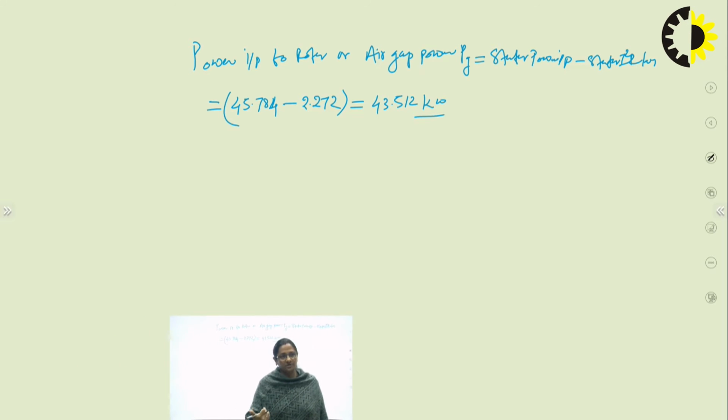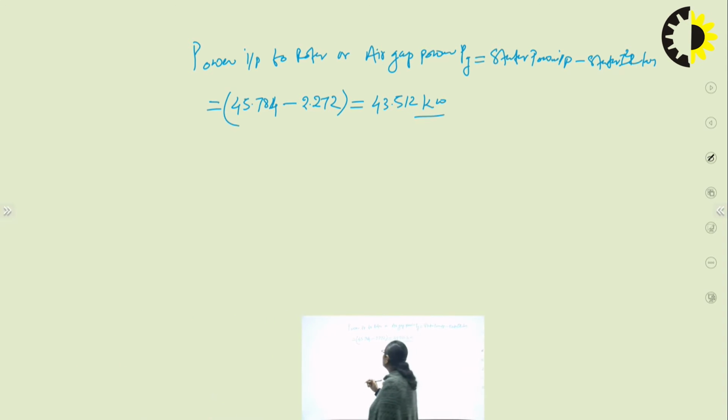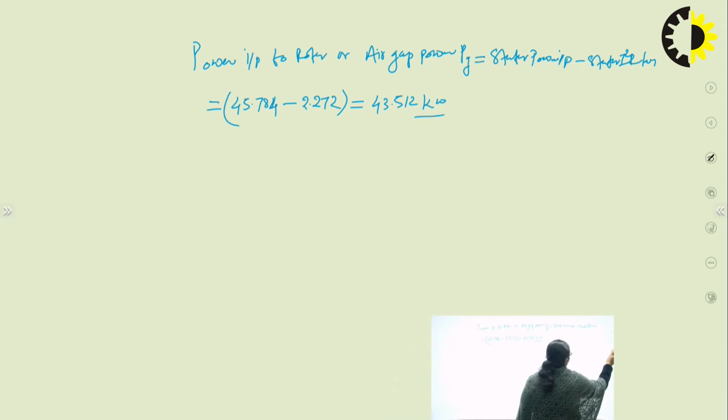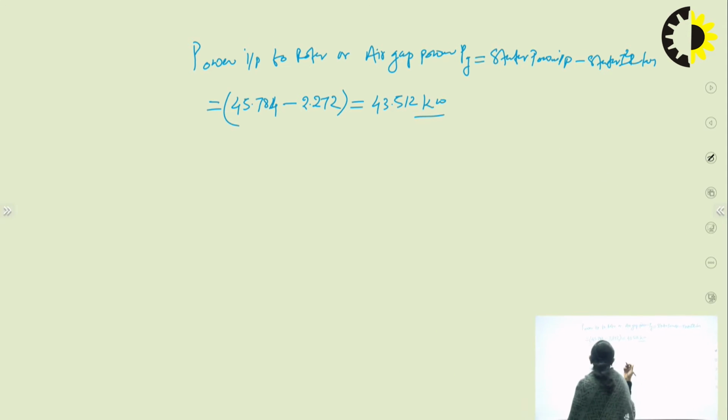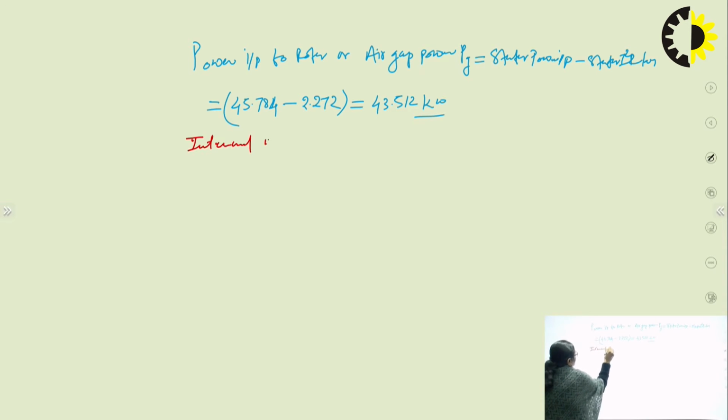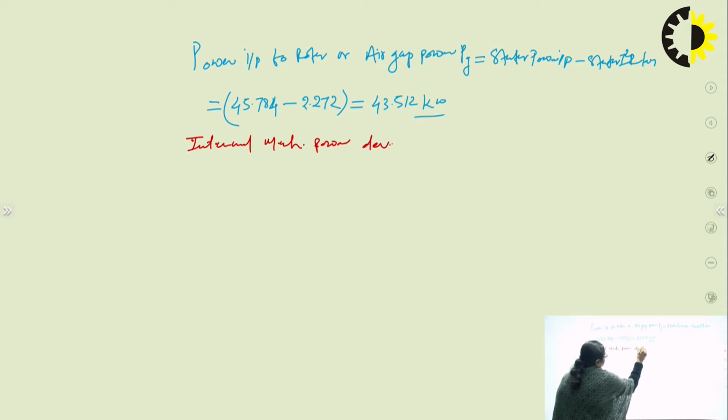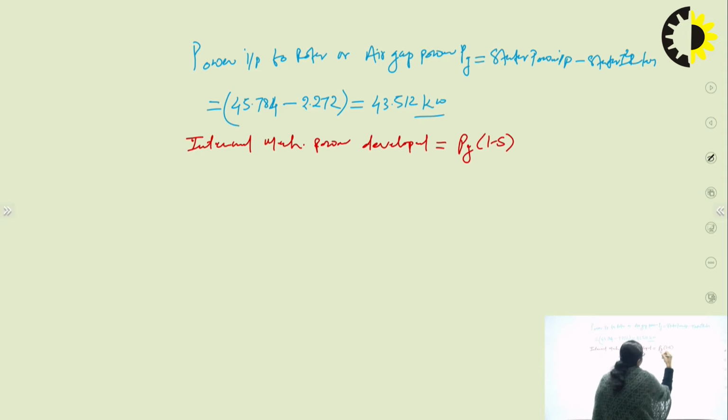Now, knowing the power input to the rotor, I can very well calculate the internal mechanical power developed, right? So the internal mechanical power developed in the machine can be determined as PG into 1 minus S. PG is known to us as 43.512.